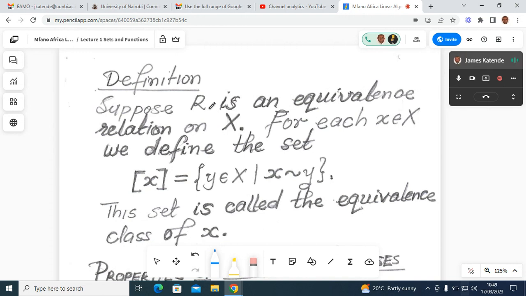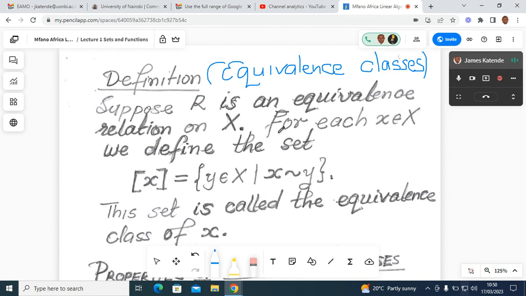So the next thing we're going to define is what we call equivalence classes. That is the definition. Here you have to pay very close attention. It can be a bit confusing if you don't pay attention.